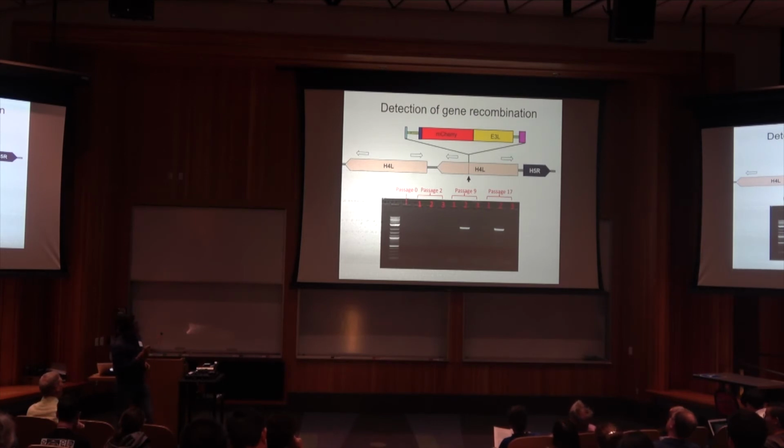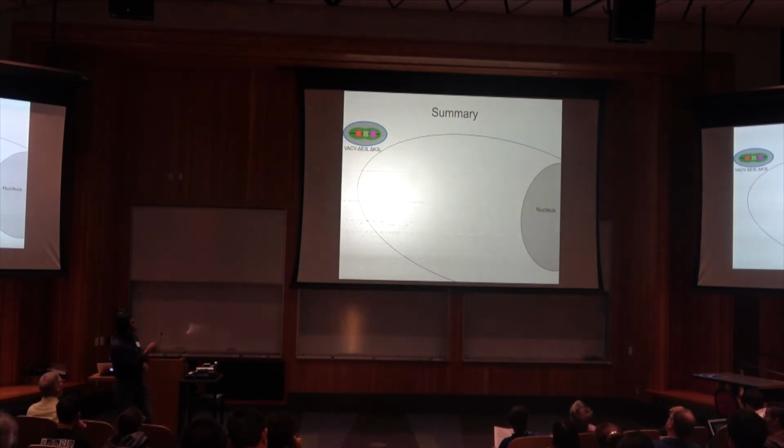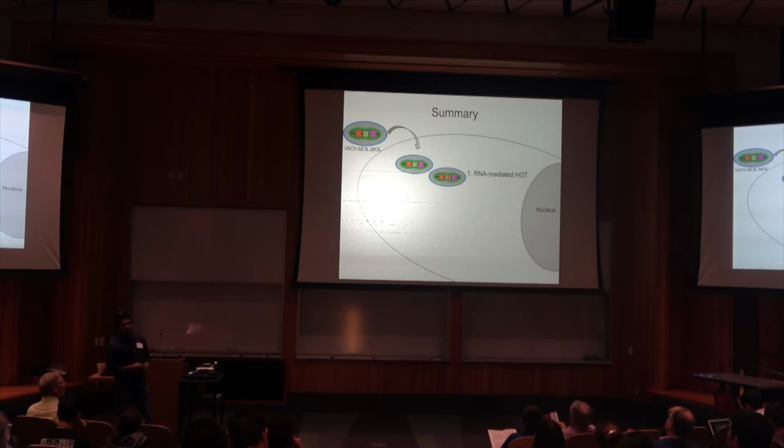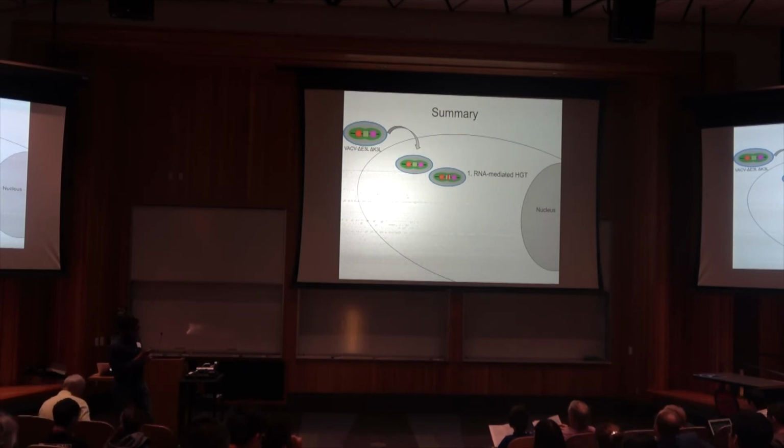So to summarize, we successfully detected that the virus took up the E3L from the host cell, and so far I have isolated 11 clones that took up the E3L, and all of them indicated RNA-mediated gene transfer and retrotransposon activity.